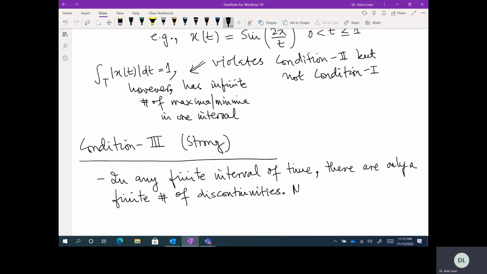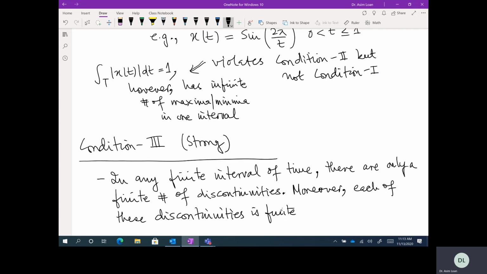Moreover, each of these discontinuities is finite.